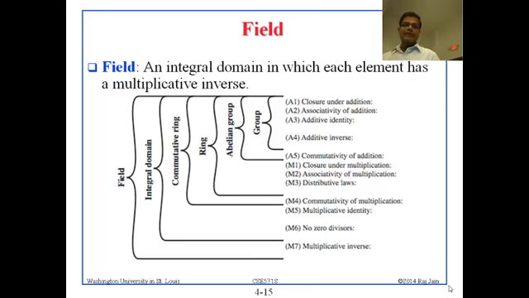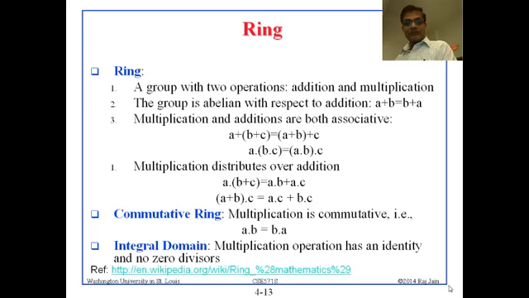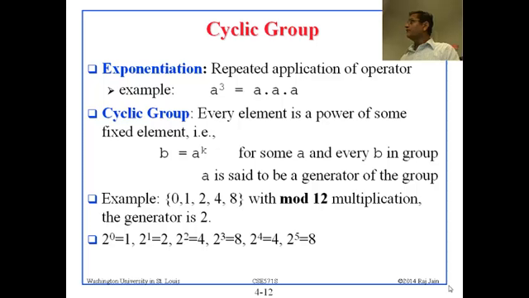All right. Okay, moving on to field. An integral domain where each element has a multiplicative inverse, if it has a multiplicative inverse, then it is a field. So here we didn't talk about inverses. We talked about association and distribution, and then we talked about commutation, and now identity, and now inverse.